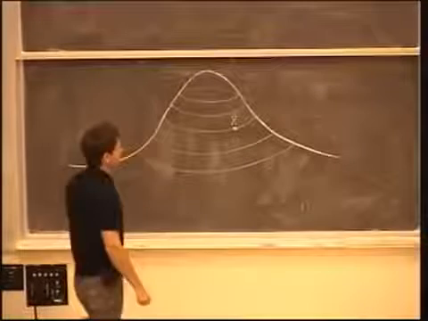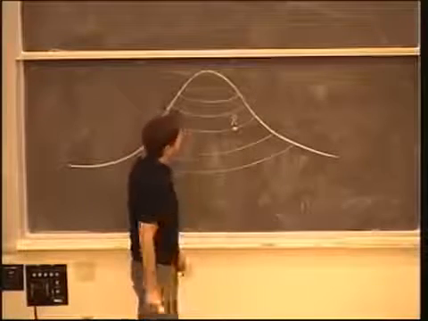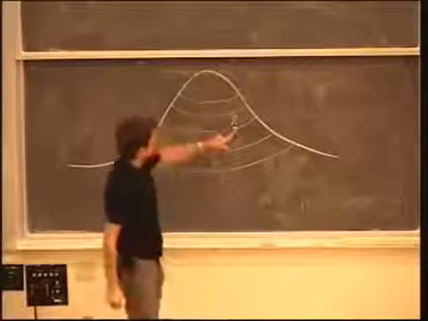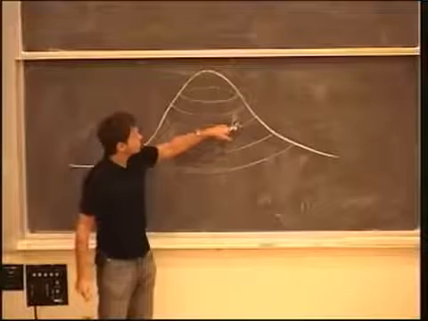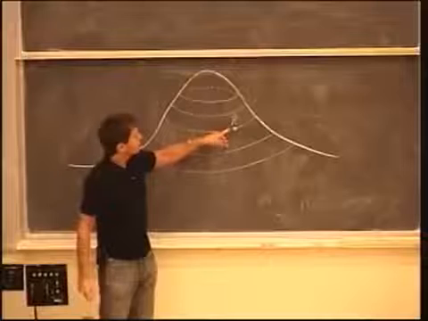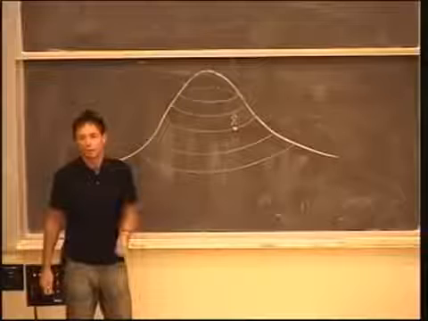Okay, so there's a climber. And the climber wants to decide which way they should go, and depending on which way they go, how steep will the climb be? That's the question.